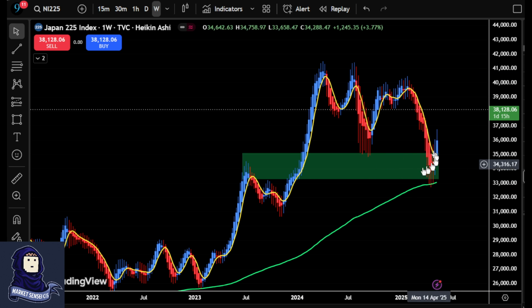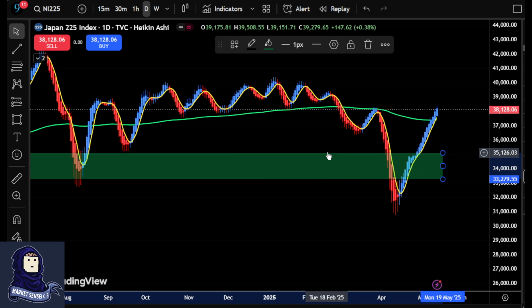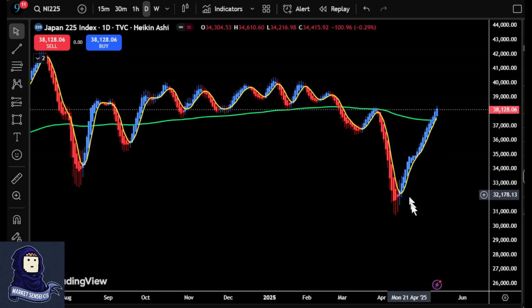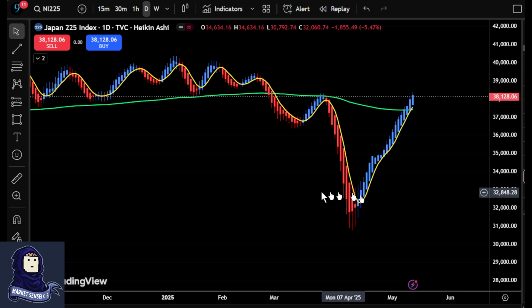So there is a strong support here, and you expect some kind of move to support your move upwards, like this kind. Of course, you have to wait for the momentum to slow down as well, because basically I'm a momentum trader, so momentum plays a very important role in my trading.